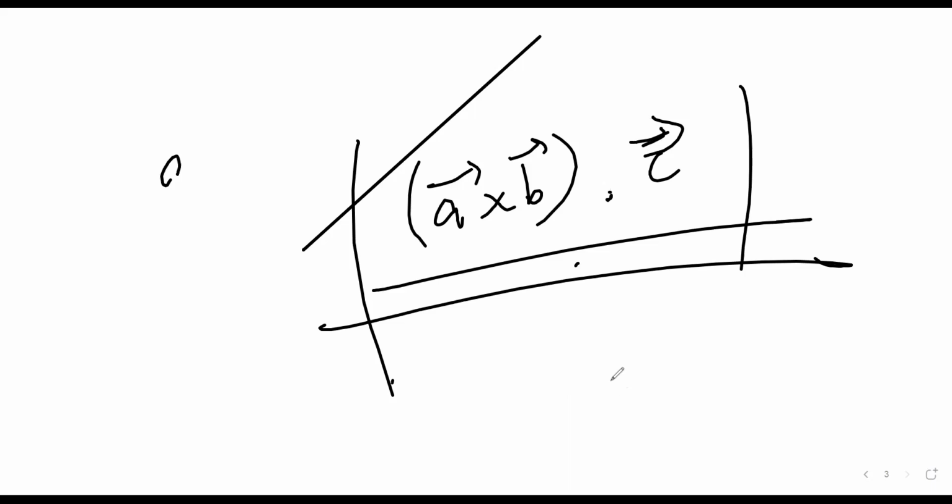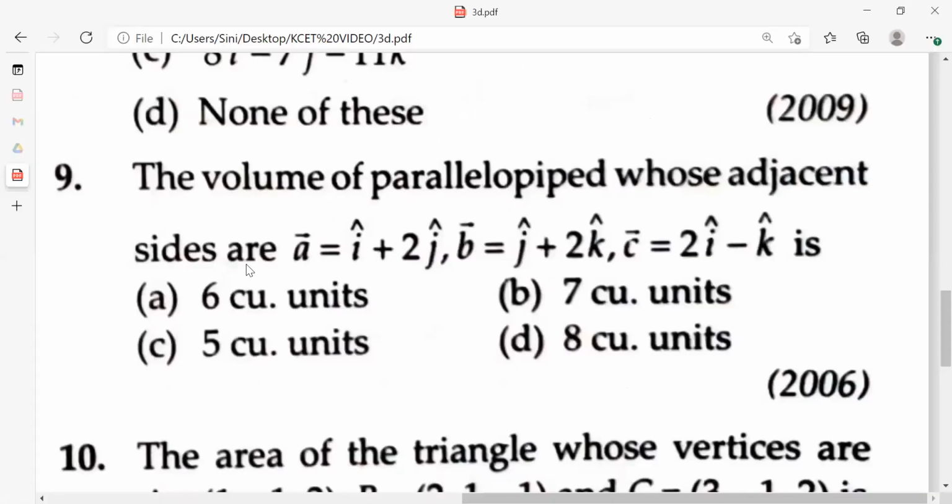Determinant. Dot product we know: i dot i is equal to 1, j dot j is equal to 1, k dot k is equal to 1. Rest all others are equal to 0. So once we do this, we will be getting the answer. So option B is our answer for this. You can check it out.